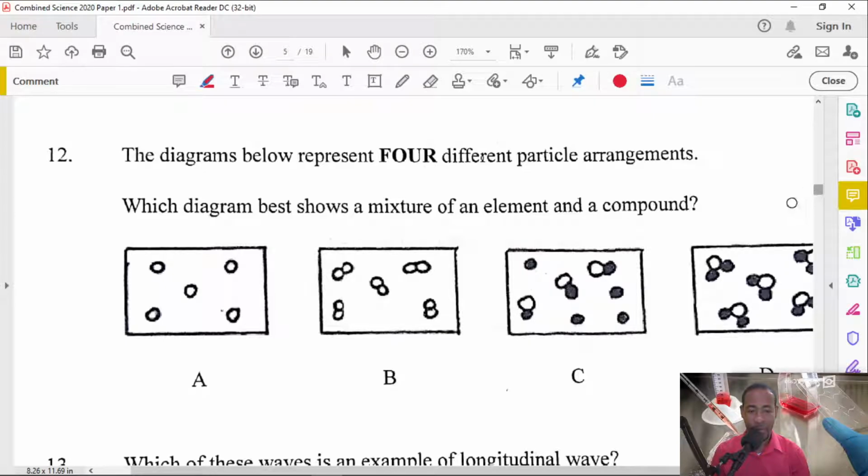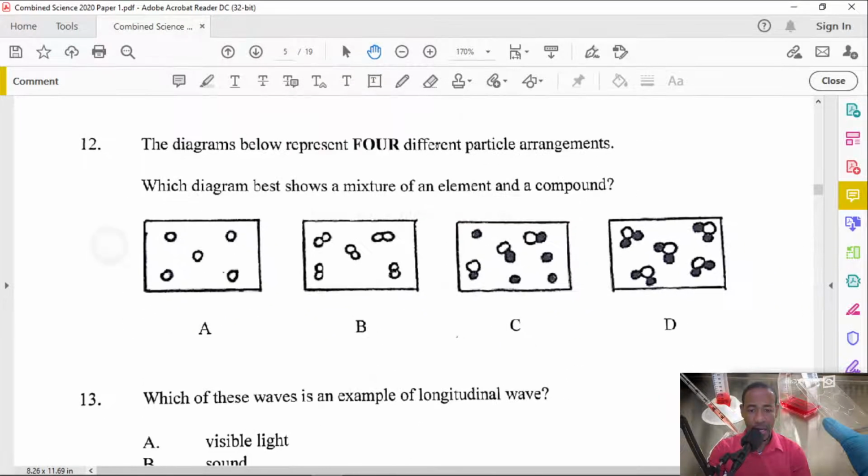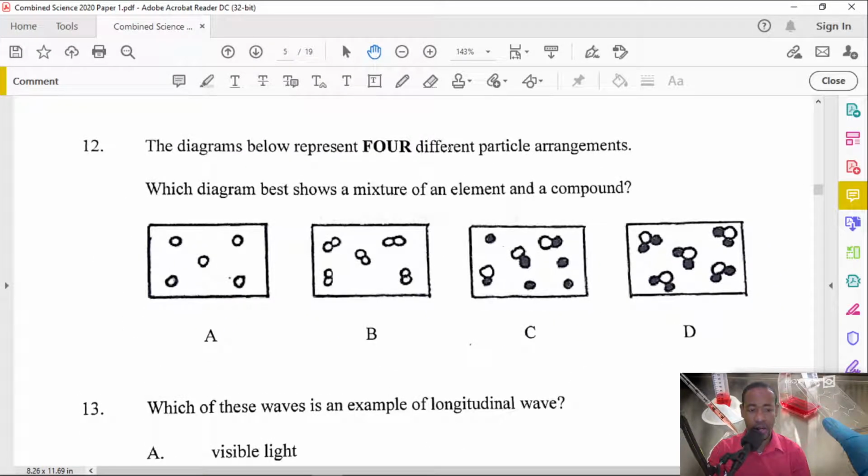All right, so look at this now carefully. Let me go back in this so you can see everything at once. And so here it is saying that the diagram below represent 4 different particle arrangements. So which diagram best shows a mixture of an element and a compound? So remember now, element only made up of one type of atom, right?